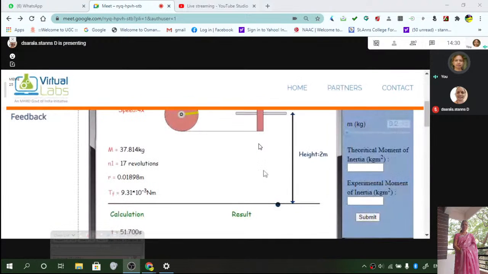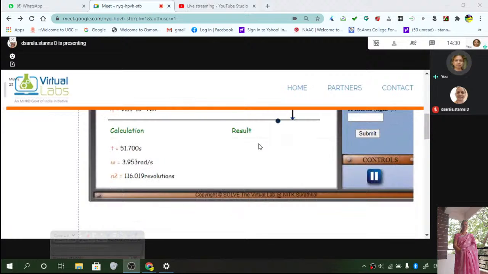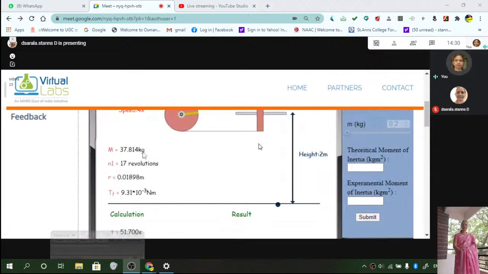So you performed this experiment just now. You need n2, you need omega. These two you have taken, and then the mass is this. So what is the radius? The radius is 0.01898 meters. So mr square by 2 gives 37.81. So what will you write here?